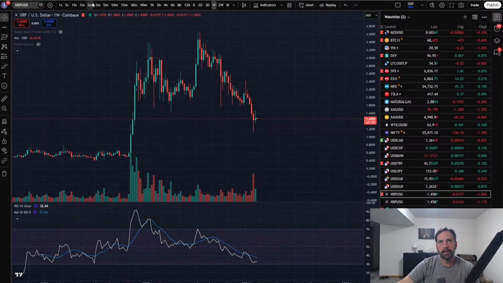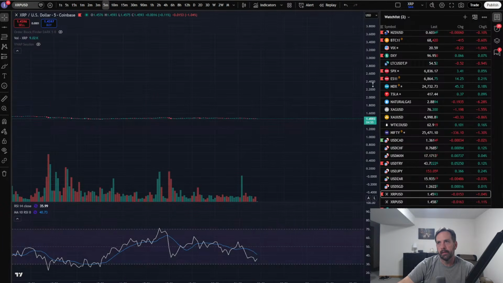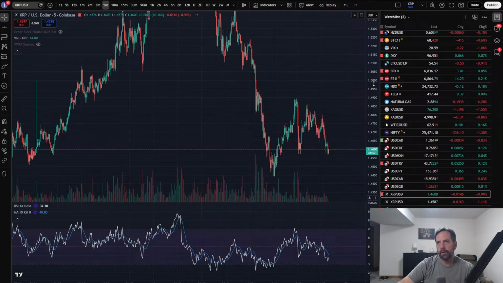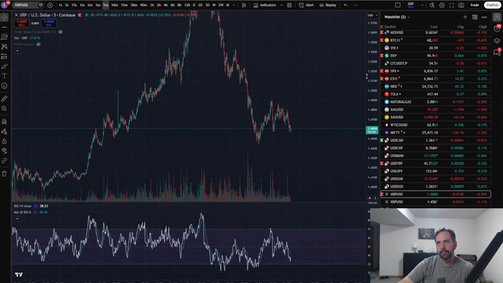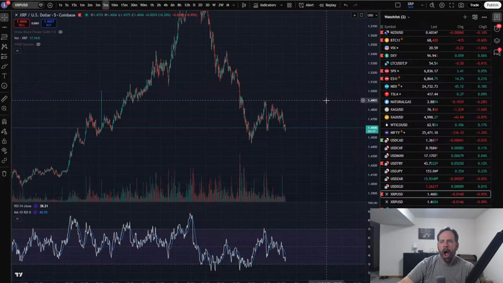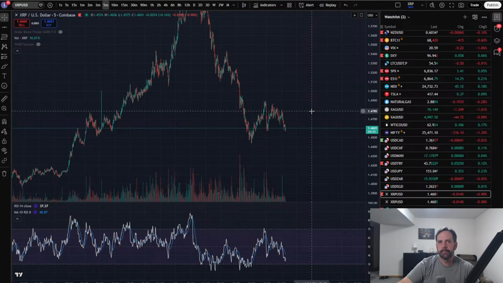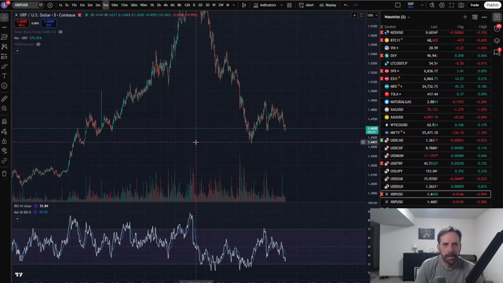Take a peek at the XRP chart here real quick. Small time frame. Okay, a couple people asked for some different stuff here. Let's see what you're asking for. Do stock.